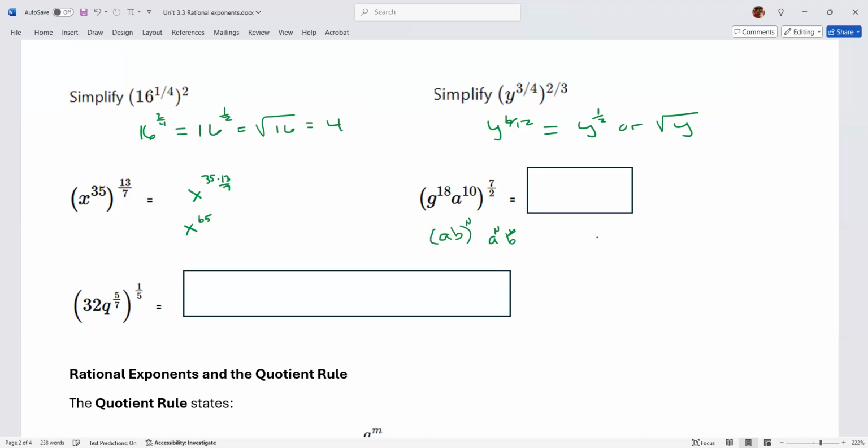So this 7/2 comes in on each of these and multiplies. It'll be g to the 18th times 7/2, a to the 10th times 7/2. Those exponents just all multiply, and I end up with g to the 63rd, a to the 35th.